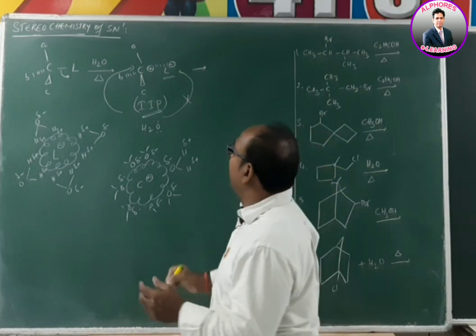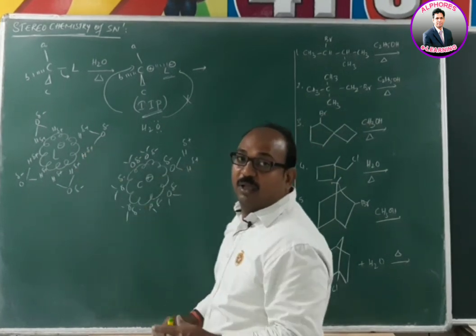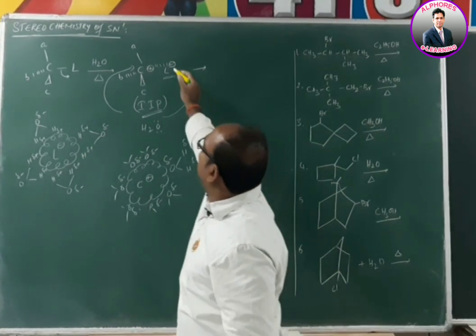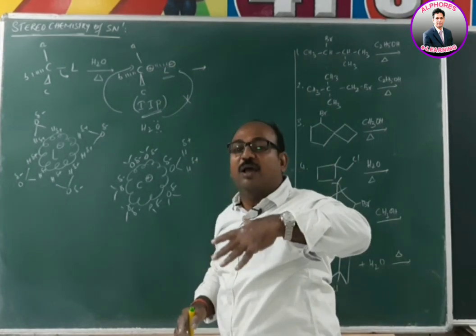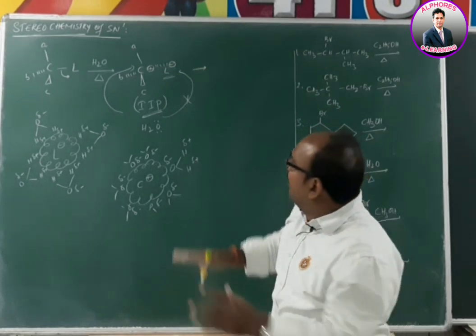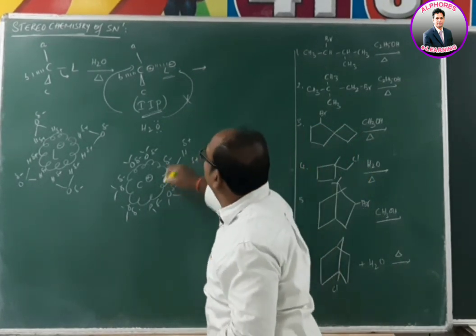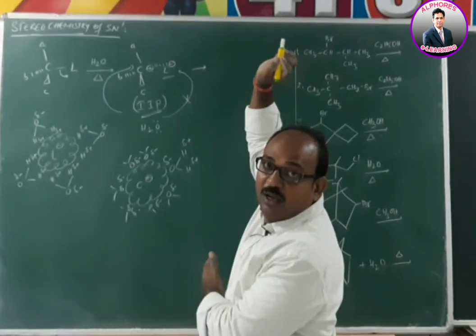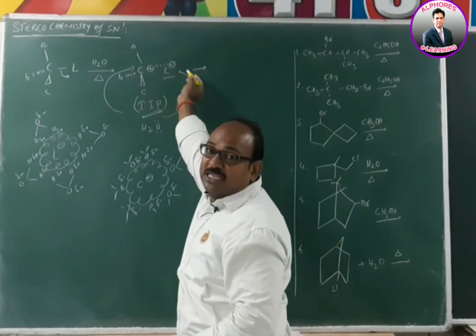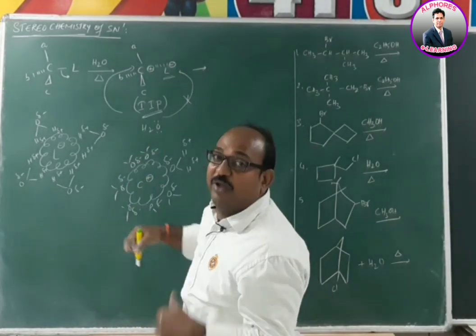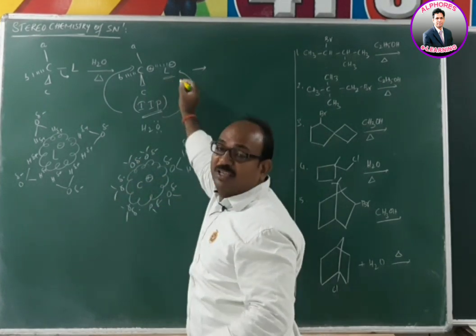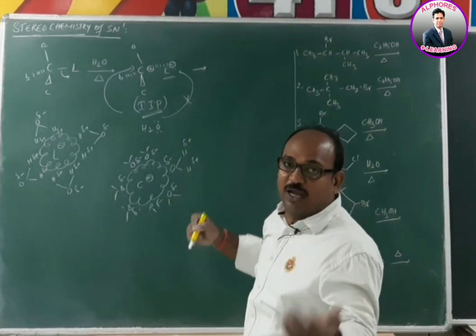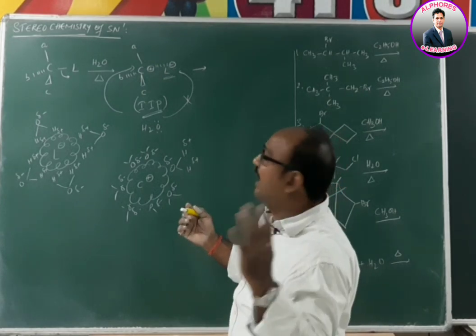Whenever this happens, the force of attraction between plus and minus slowly reduces, and these solvent molecules take L minus far away, and the attraction gradually decreases. Whenever the solvent molecules take L minus far away, this path is slowly cleared. That is what we call a solvent separated ion pair.